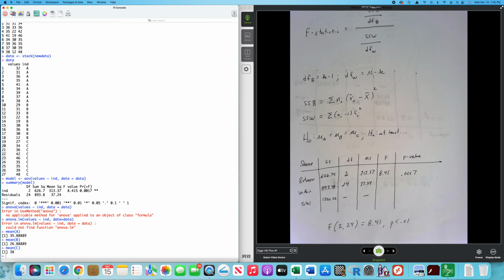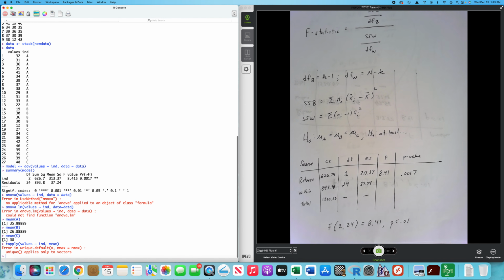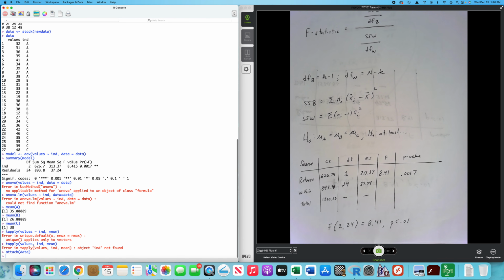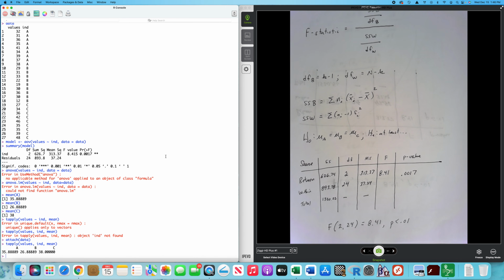using mean A, mean B, and mean C. Now, if I didn't have that, what I would have to do is probably use tapply and just do my values over my independent variable mean. All right, so we had to attach the data.